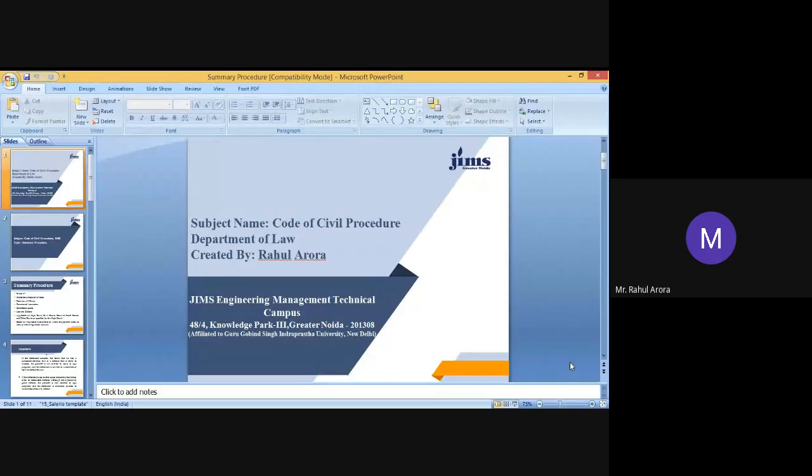And thereafter, once this plaint has been admitted as a civil suit, the court may thereafter issue summons to the other side.